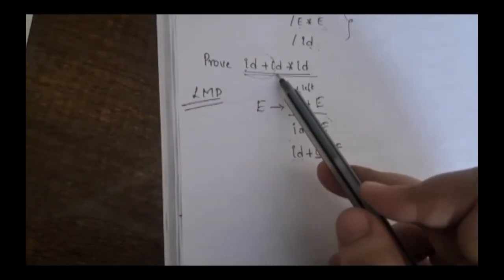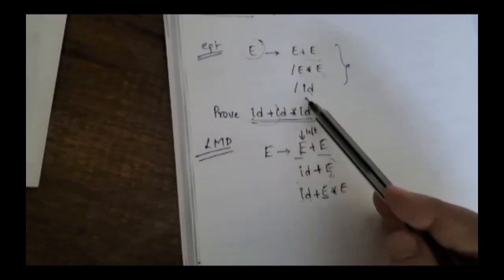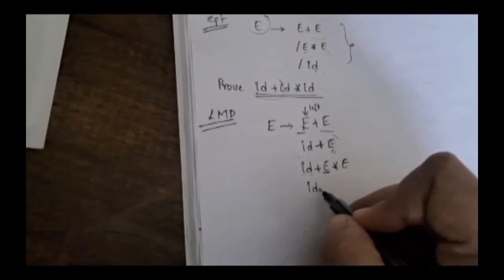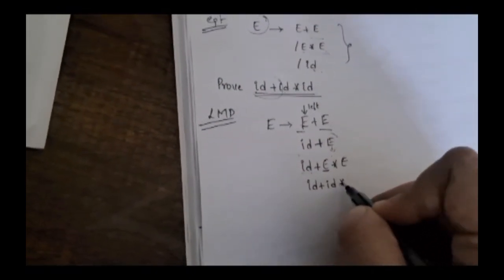Here I have E, and to satisfy my statement I want ID. So can I substitute ID in place of E? Yes, I can. So I'll go with ID plus ID star E.